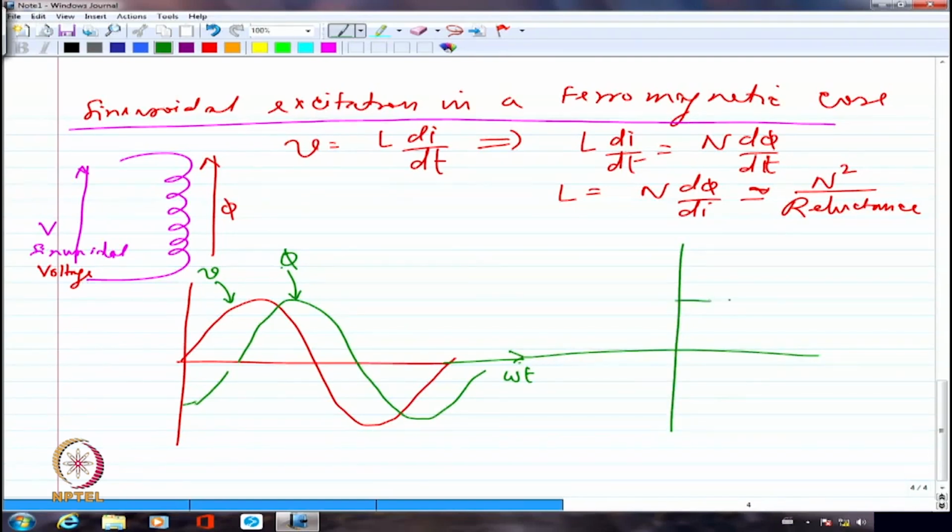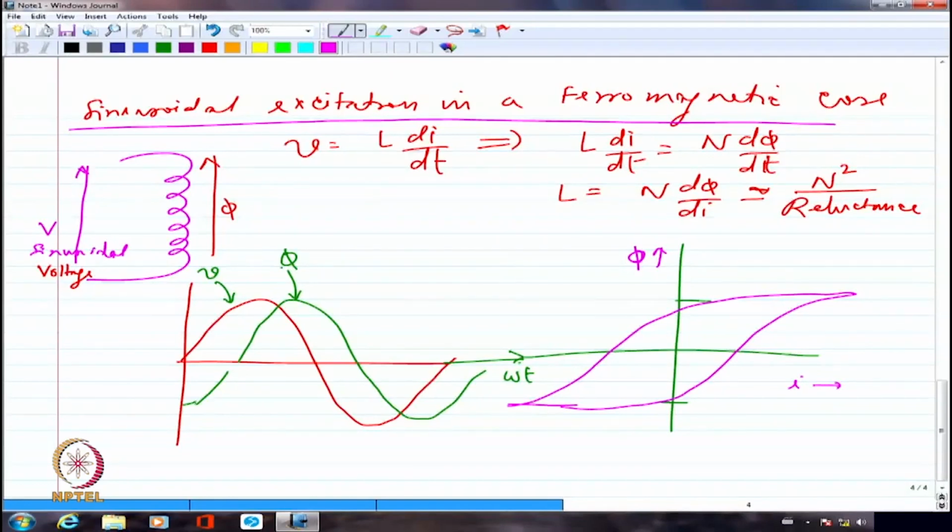So this is my Bmax, and I have not drawn it uniformly, but this is how I am going to have my hysteresis loop confining itself to plus Bmax and minus Bmax in this case. So I should draw it like this. I can call this flux and this current, for example.